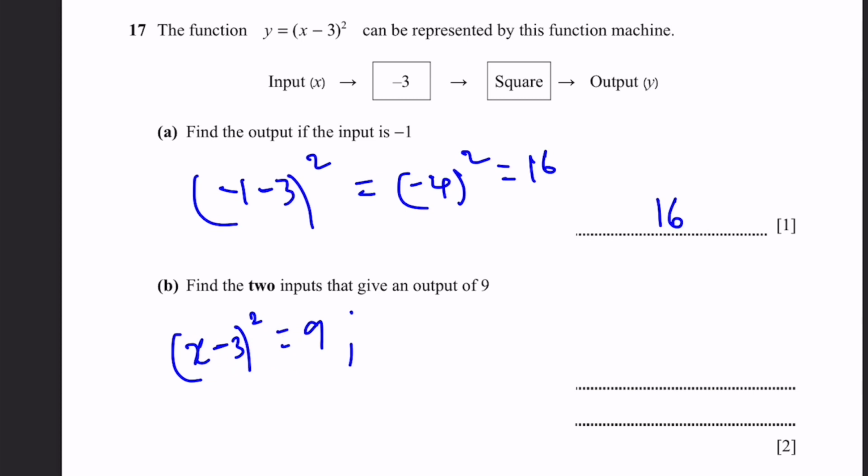So which two numbers do we substitute to get 3 or minus 3? To get 3, 6 minus 3 is equal to 3, right? So x equals 6. Or to get minus 3, 0 minus 3 is equal to negative 3, right? So x can also be 0. That's the answer. 6 or 0.